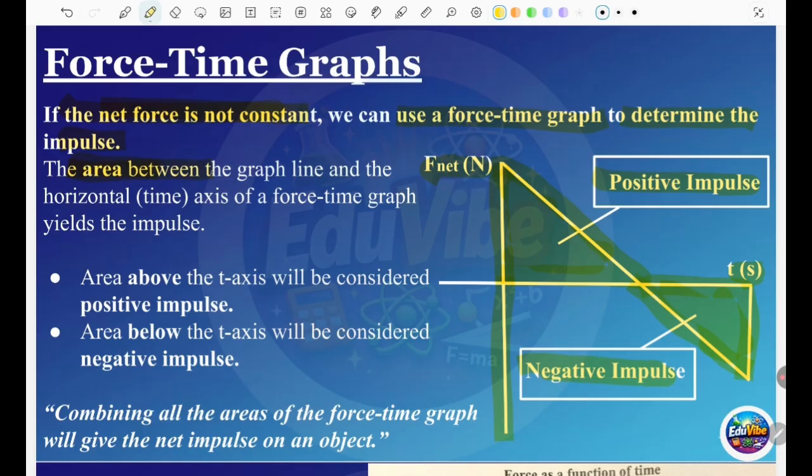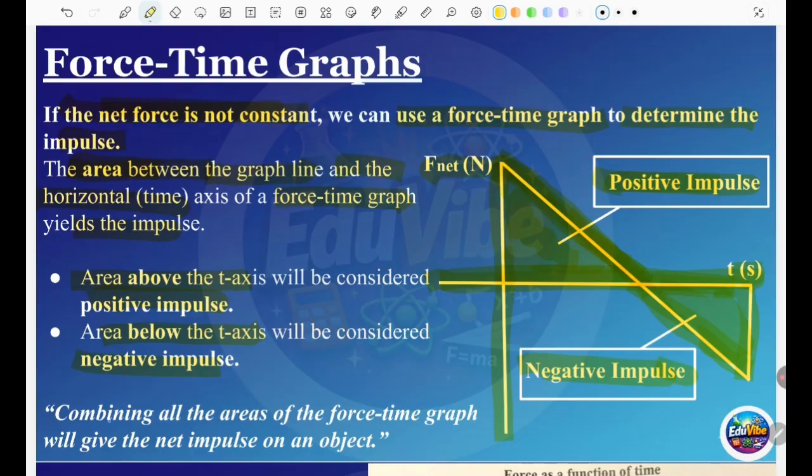The area between the graph line and the horizontal time axis in a force time graph yields the impulse. When we calculate this area, we get the impulse. Area above the time axis is a positive impulse, and area below the time axis is a negative impulse.